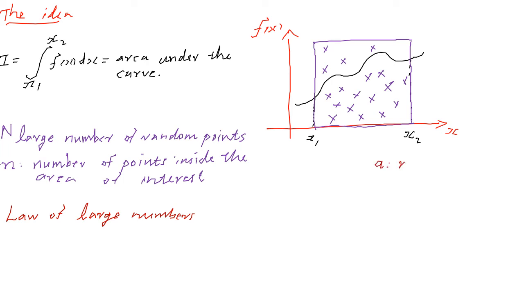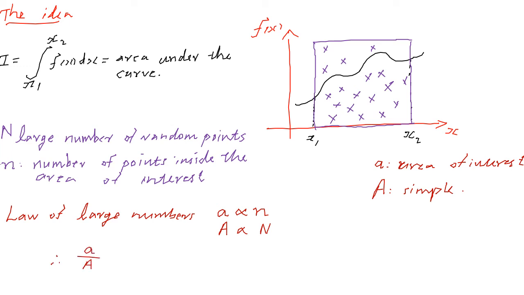Small a is the area of interest, and capital A is the simple area that encloses our area of interest. So according to the law of large numbers, we can say that small a will be proportional to small n and capital A will be proportional to capital N. Therefore, I can write a by capital A is equal to small n by capital N. That readily gives you the required formula.